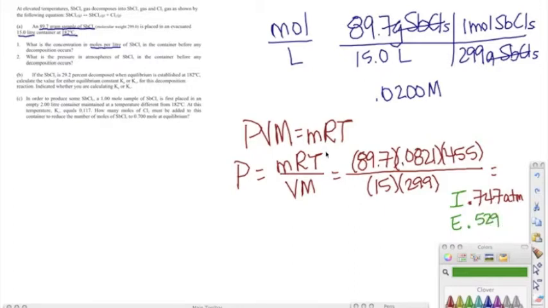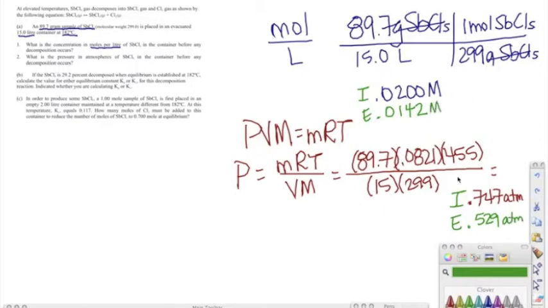So that's the equilibrium pressure of our SbCl5. And we can do the same thing here. If this is our initial concentration, then our equilibrium concentration is going to be 0.0142 molar. And of course this down here is atmospheres.